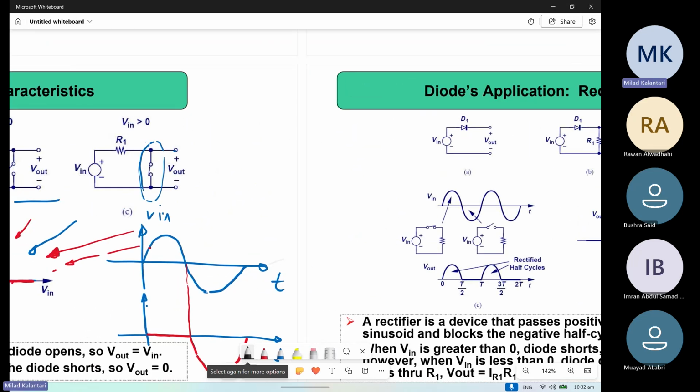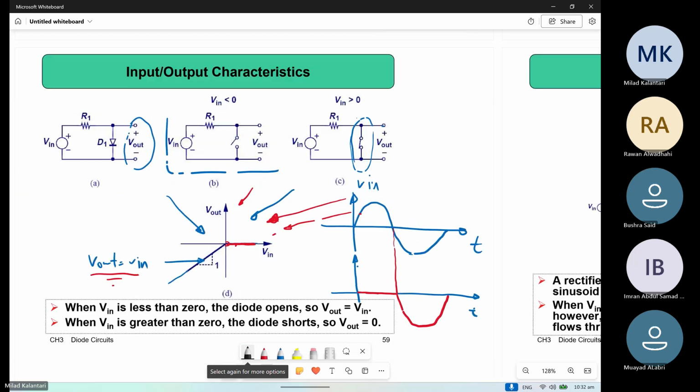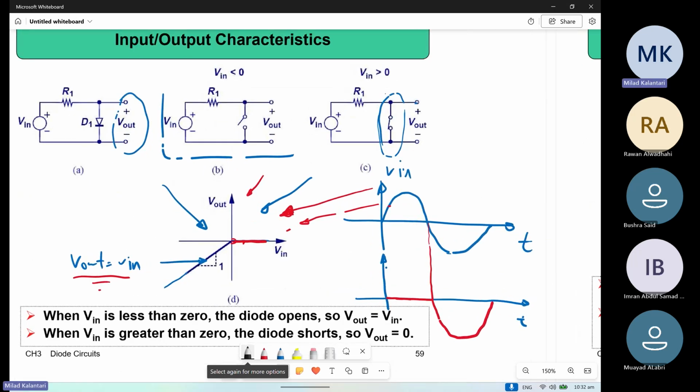So let's ask one more question here. Is this circuit good for a rectifier, basically, do you think? I mean, the output looks like a rectified version of the input, right? But is this circuit useful for the rectifying characteristic?